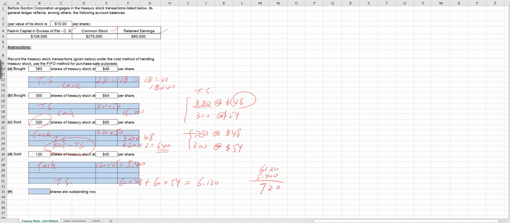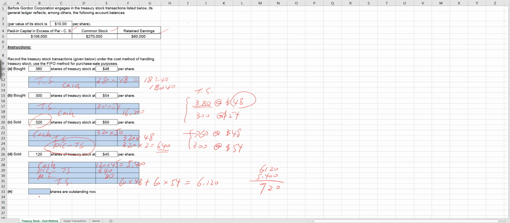So the maximum amount we may debit will be $640, and we need to reduce $720, so we're going to debit the remaining balance from retained earnings. That's $80. All right, so we finished all the transactions.